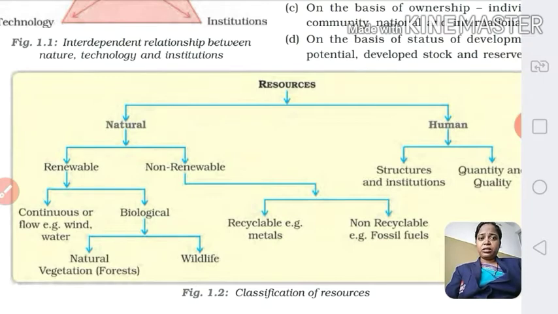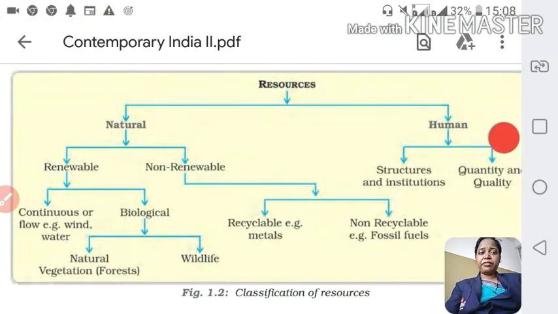Okay, so the renewable and non-renewable resources are again subdivided into two more parts. The renewable is divided into two subparts: continuous or flow, which are the examples of wind and water, and biological, which are the examples of natural vegetation and wildlife. Again, the non-renewable part of the natural resources is also subdivided into two parts: recyclable and non-recyclable.